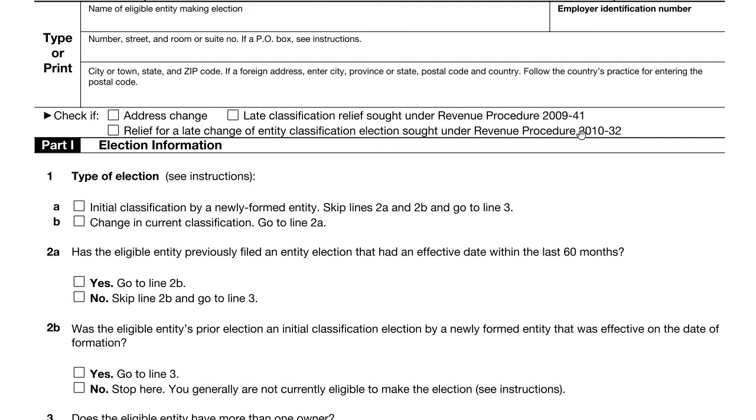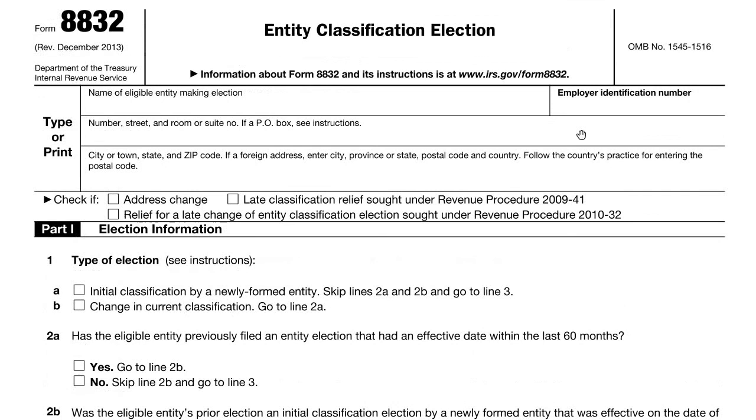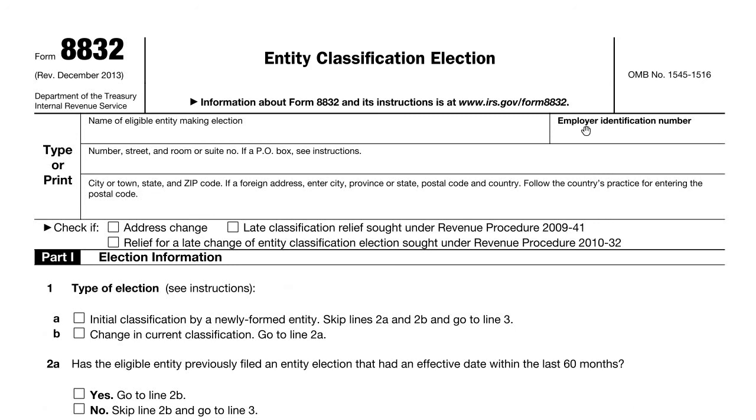Most of the time, what I see in this context is, if you want to change it, you just wind the entity down and open a new one or restructure it in some way, rather than trying to reach out to the IRS and get their permission to have the tax classification change again or get it reversed. So if you cross that bridge, that's not something I would recommend doing on your own. I would talk to a tax professional that's had experience doing that, because it can get a little tricky.